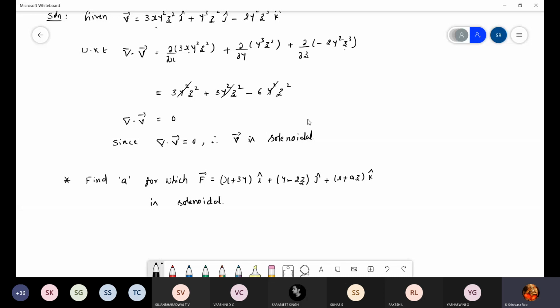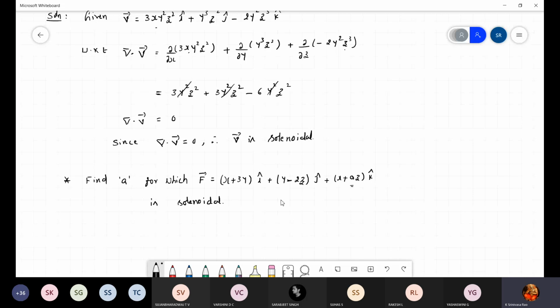So it is given that the vector is solenoidal. What is the condition for solenoidal? Using that you have to calculate the value of A here. See, it is az.